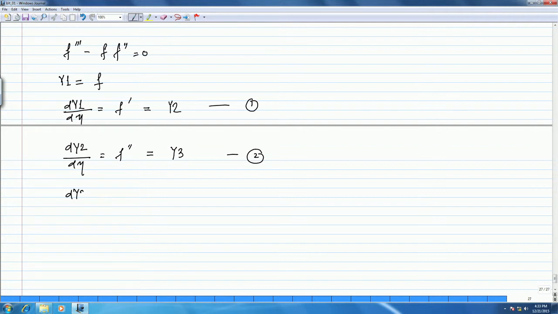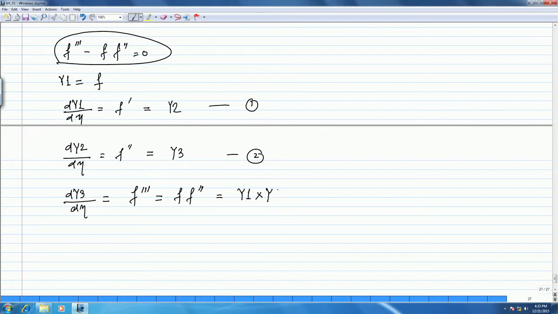And dy3/d eta is nothing but f triple dash, which we get from this equation to be equal to y1 into f double dash, which is y3, so y1 into y3.